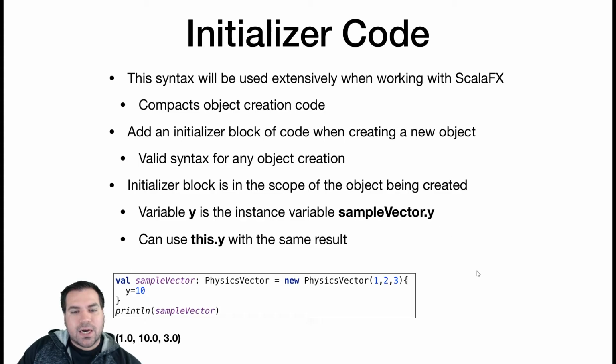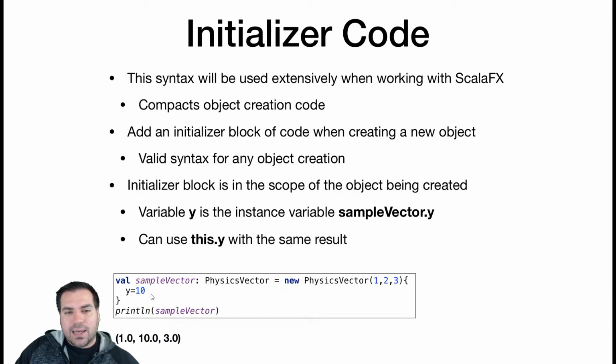So to talk about this library and talk about GUIs, we're going to use a new concept, not a new concept, but new syntax called initializer blocks, which is a block of code that's executed as you create a new object. So when I create a new object, I'm going to put a block of code right after the constructor call. And that block of code is going to be executed inside the scope of this object that's being created.